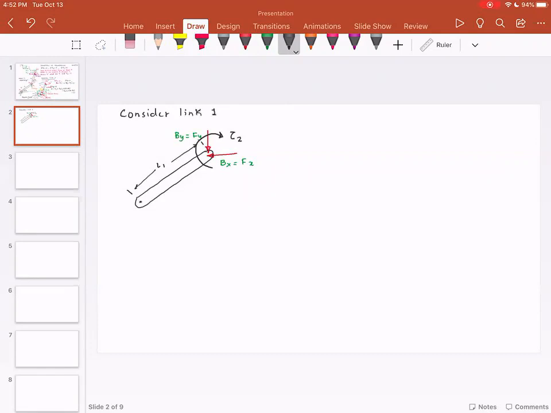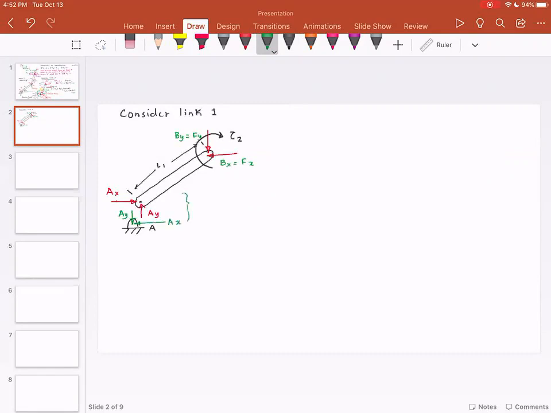Since this link is separated from the hinge, which is at point A, so point A again was a hinge, you also have reaction forces, and I'm gonna show them over here. You will have A of x, you will have A of y, and equal and opposite forces over here, A of y and A of x.